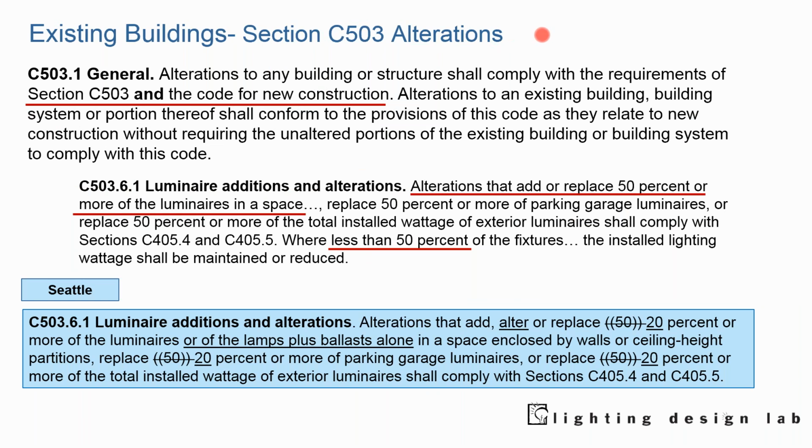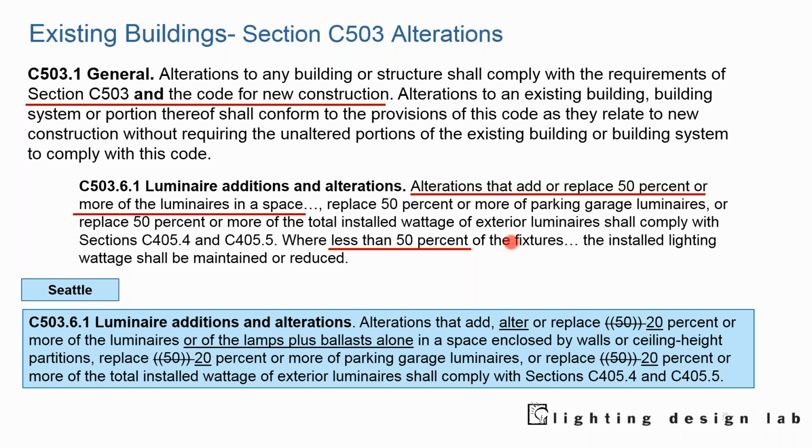Alterations, so that was additions. So alterations, general alterations to any building structure shall comply with section C503 and the code for the new construction. Luminaire additions and alterations that add or replace 50% or more of the luminaires in the space, whether it's a parking garage or total wattage of exterior luminaires, shall comply with the codes that we looked at.